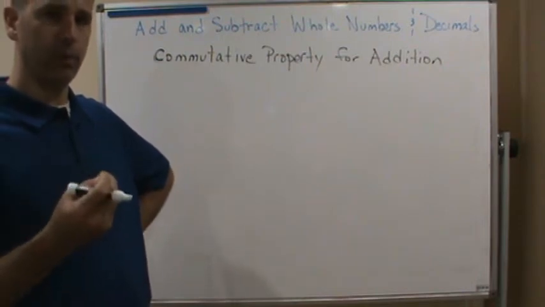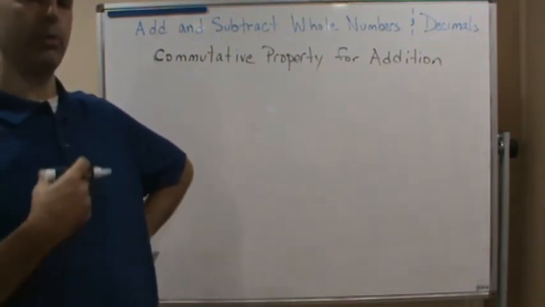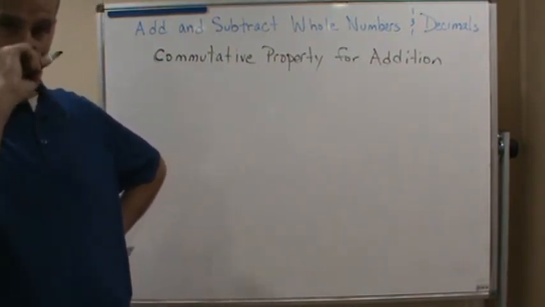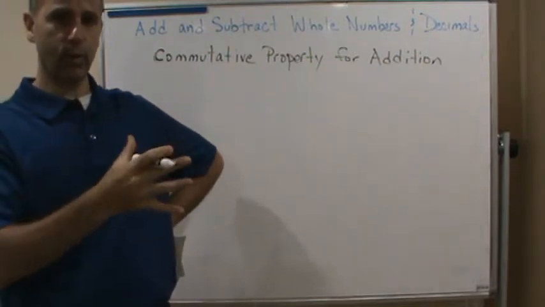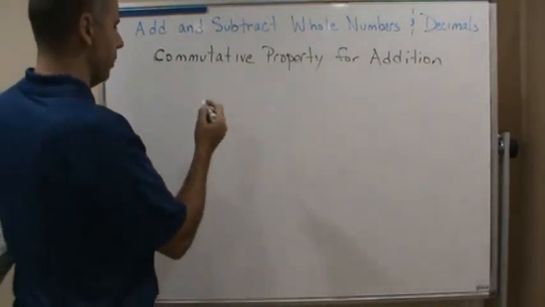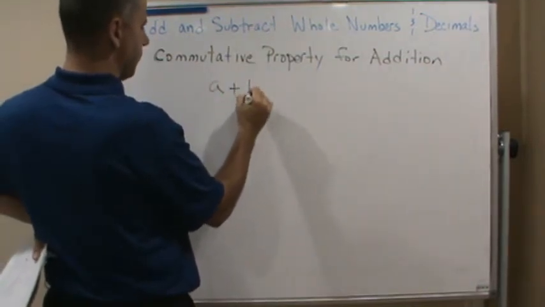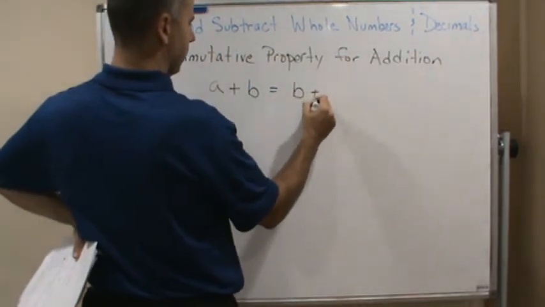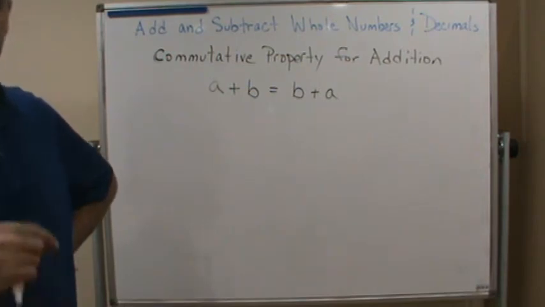Think of commute as motion. You commute to work, by car, bus, train, what have you. So commute is you're moving things around. What that means is if I have two numbers, it doesn't matter what order I add them in.